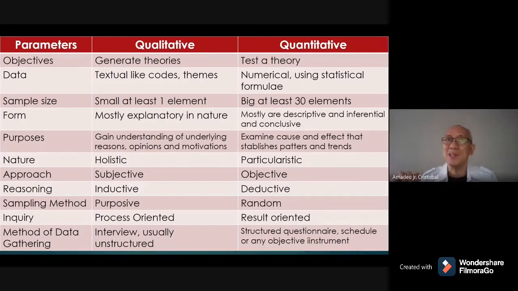The particulars are already identified in your statement of the problem, while in a qualitative, there are no particulars. So, like what I have told you, Mr. Samuel, by the way, your questions are more of a qualitative than a quantitative.